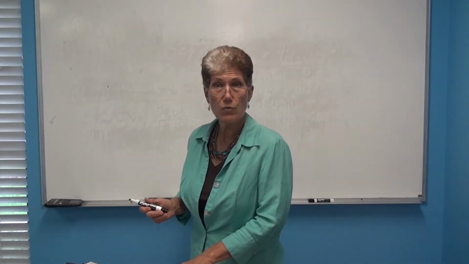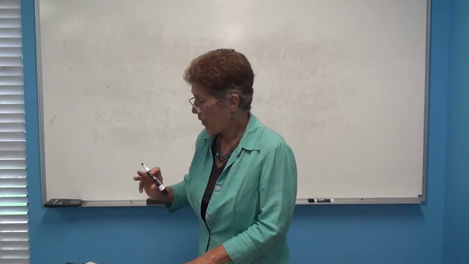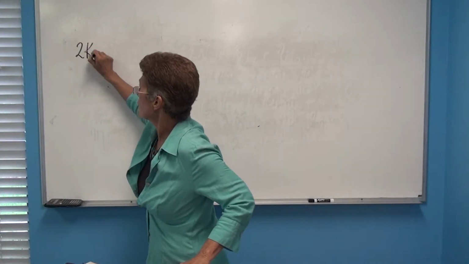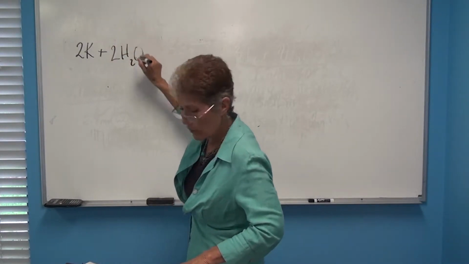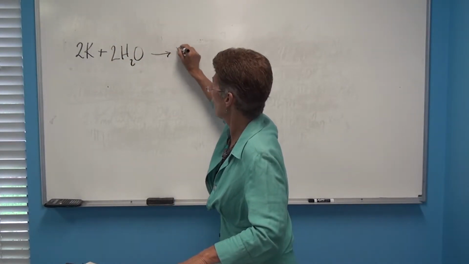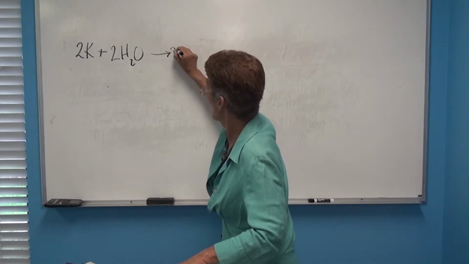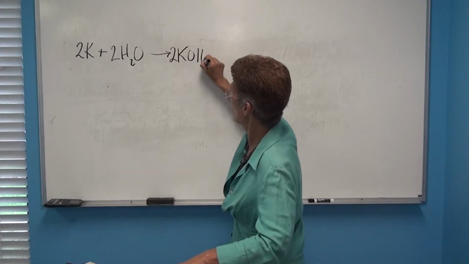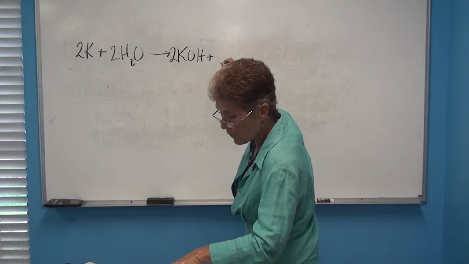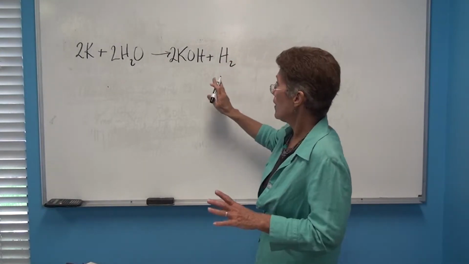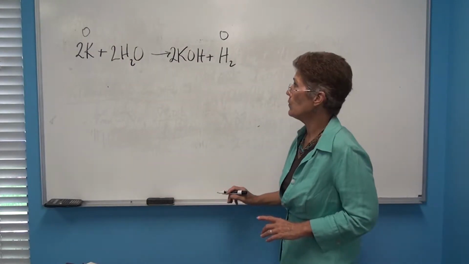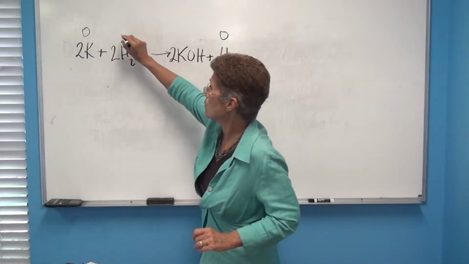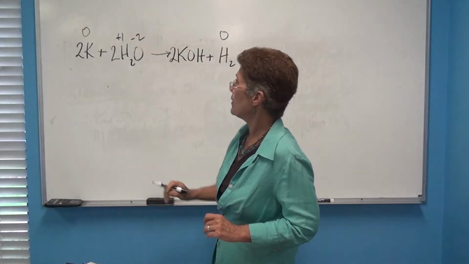Okay, let's do D. We have 2 potassiums. Now I know right away this is going to get a 0 and this is going to get a 0. Those are the easy ones, aren't they? I know that this one's going to get a +1 and this one's going to get a -2.